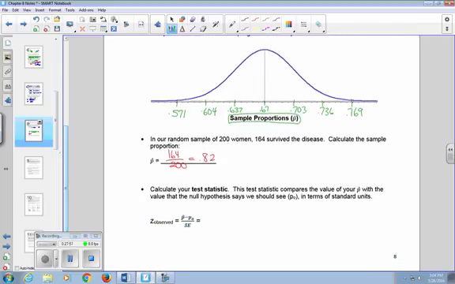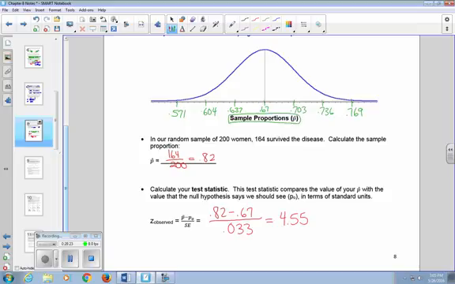This test statistic compares the value of our p hat with the value that the null hypothesis says we should see, in terms of standard units. So we take our sample result minus the center of the distribution, over the standard error. The standard error was 0.033, and this gives us a test statistic of 4.55.